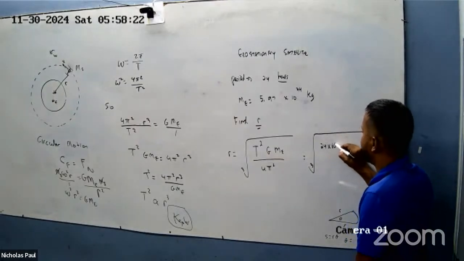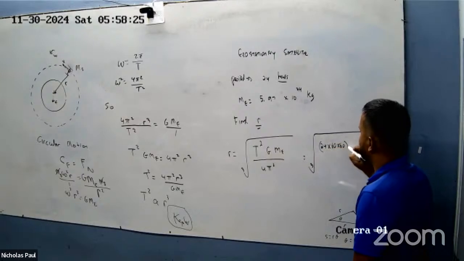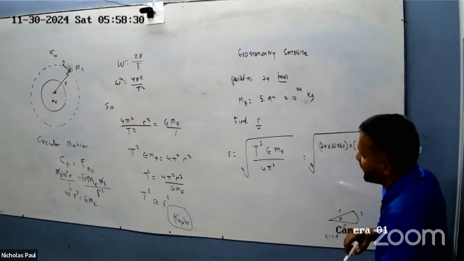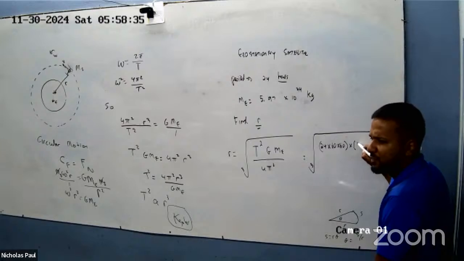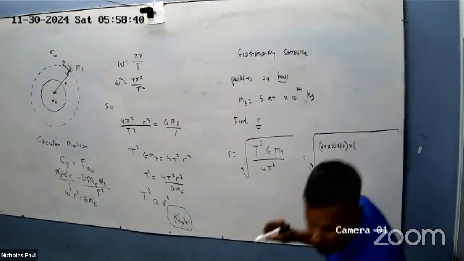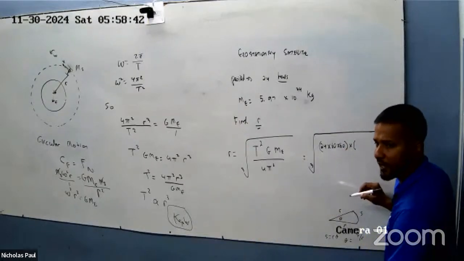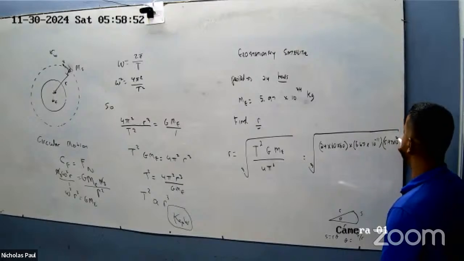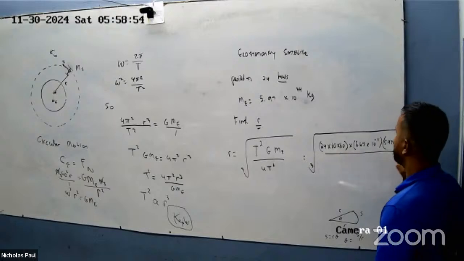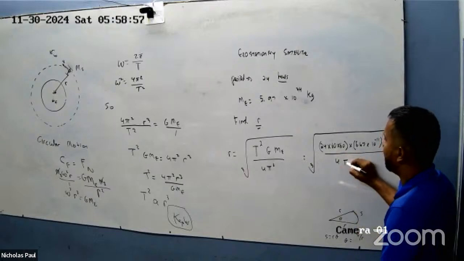T is 24 hours by 60 minutes by 60 seconds, by G. G is 6.67 by 10 to the minus 11, and then we're using 5.97 by 10 to the 24, all over 4 pi squared.